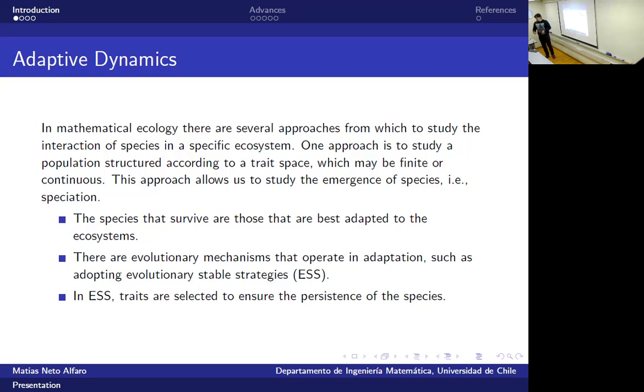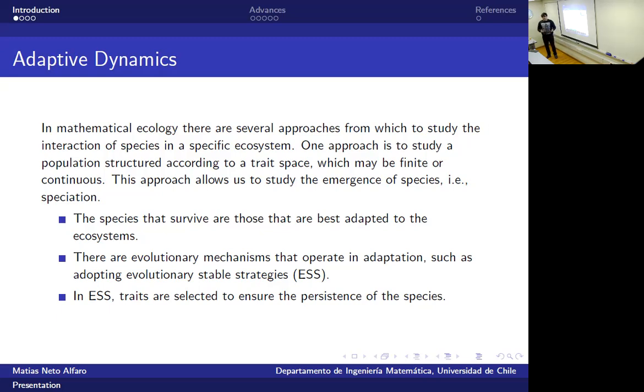Well, adaptive dynamics is not only an approach from PDEs or ODEs. It has some elements of game theory. So we can think that an individual of some species takes a strategy to interact with other individuals of the species. So the question that adaptive dynamics asks is, what is an evolutionary stable strategy?